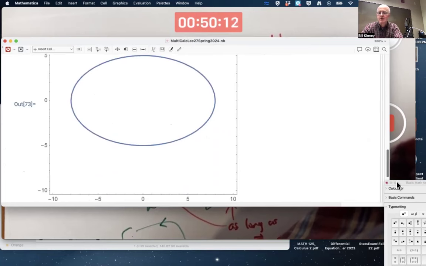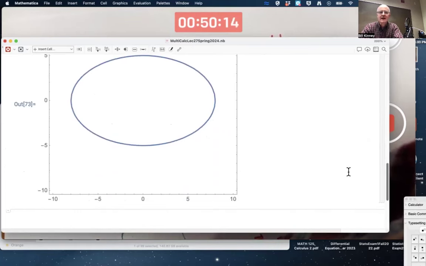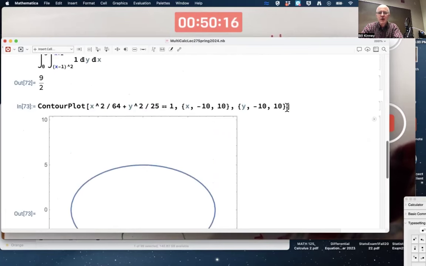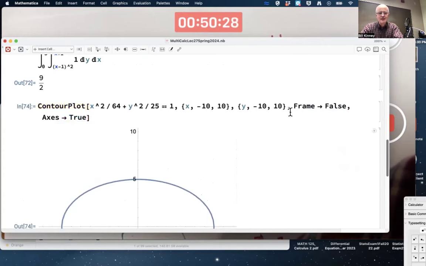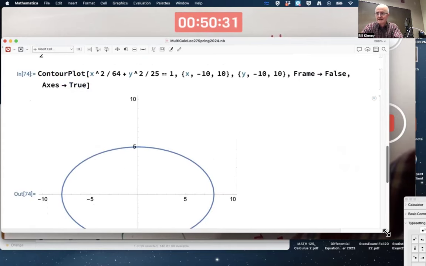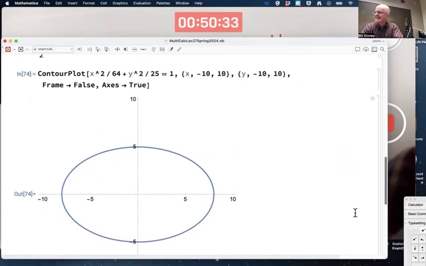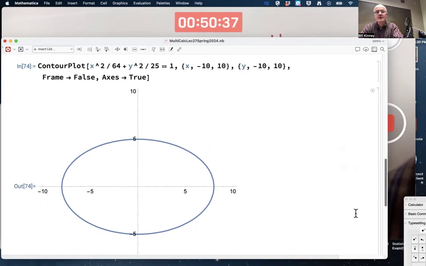There it is. It's an oval. What's its area? There is a formula for the area of an ellipse, but you may not know it. If you tried to do this area as a double integral of 1, it's kind of a tricky integral, I believe, involving square roots and stuff.